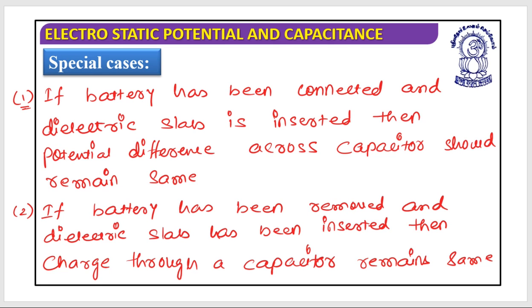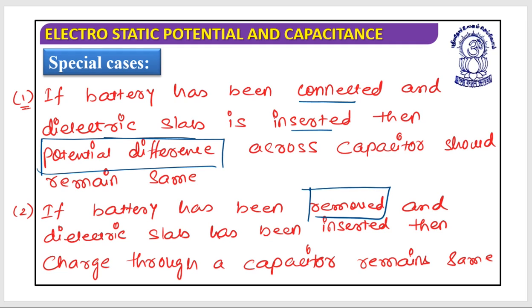Please remember this too. These are the key points that will help me. If the battery is connected and the dielectric slab is inserted, the potential difference remains the same. If first it was connected, and now the battery has been removed and the dielectric slab inserted, then the charge on the capacitor remains the same. So please remember this. Very logical but very effective.